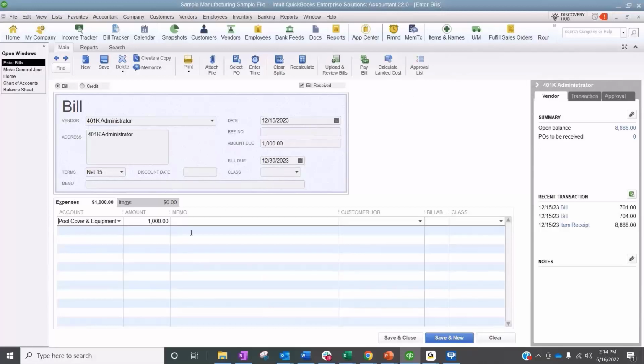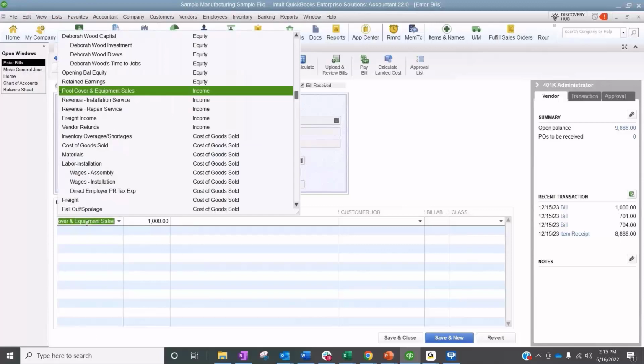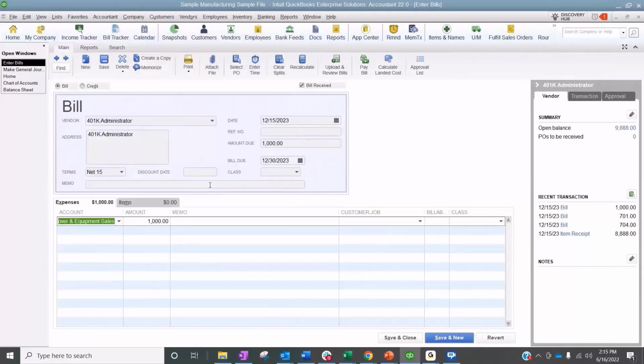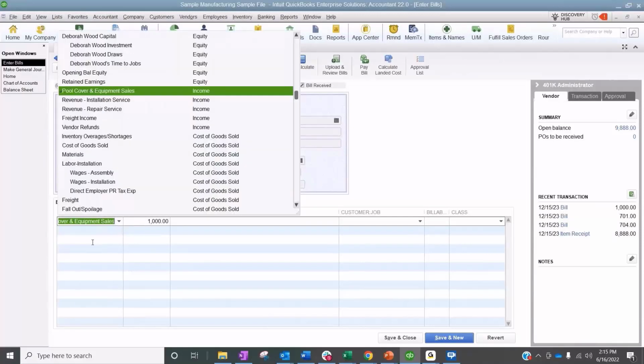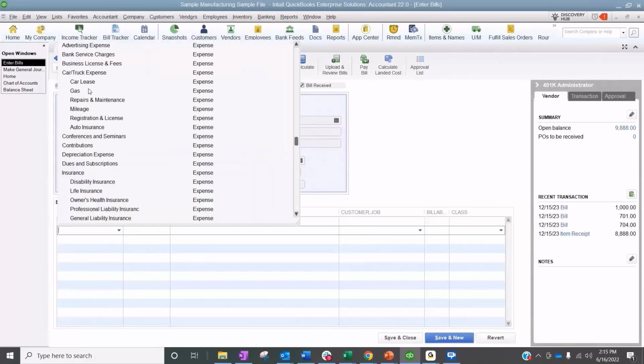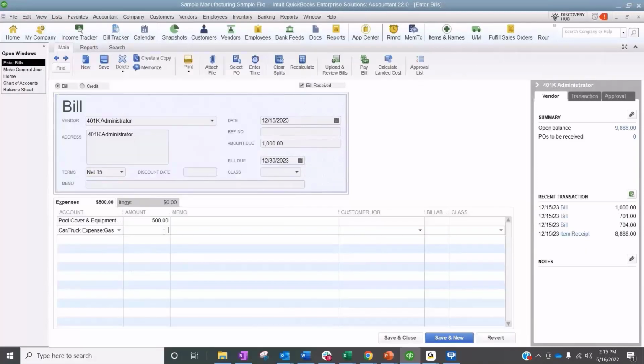On any transaction inside of QuickBooks, once you save it... on the expenses tab, it's pretty straightforward. I know up top is hitting my accounts payable, down below is hitting my pool cover and equipment sales. The up top portion is always going to be one singular line because it's just going to hit accounts payable. The down below portion can be multiple lines. So I can hit equipment sales for 500, and I can hit whatever gas expense for 500.